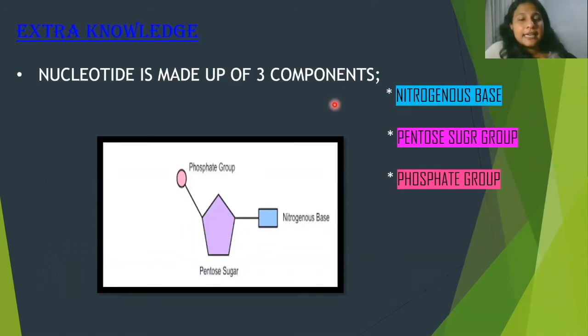This is the nucleotide, like an amino acid. It contains a nitrogenous base, a pentose sugar, which is a pentagon, and then a phosphate group. These are the three components. By gathering these components, it forms a nucleotide.